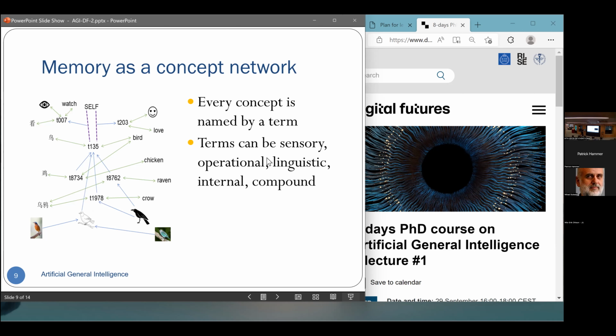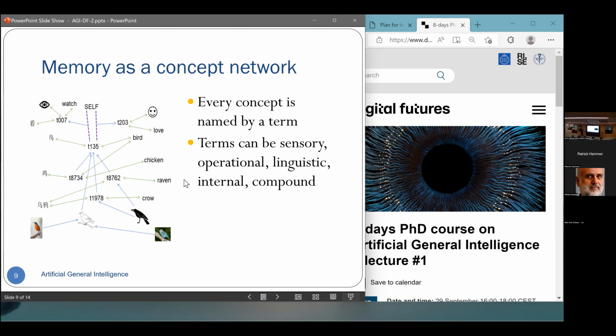Some of the terms may correspond to a sensation. Some of them may correspond to an operation. Some of them may correspond to a word in a natural language, but not all of them. Actually, for most of the concepts, you don't have a way to express them to someone else. But you know it yourself, you can identify it.